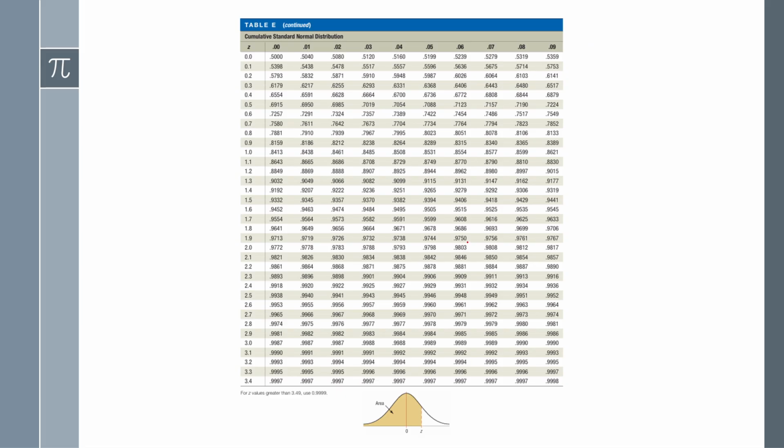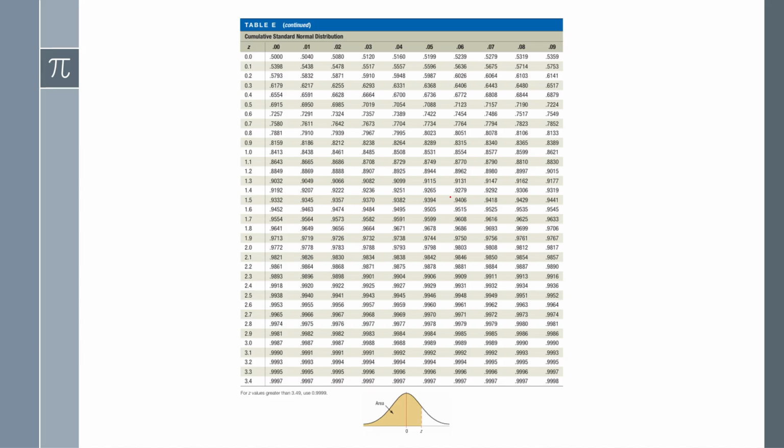So when we talk about a two-tailed test, the alpha is equal to 0.05 divided by 2. Therefore we have 0.975.